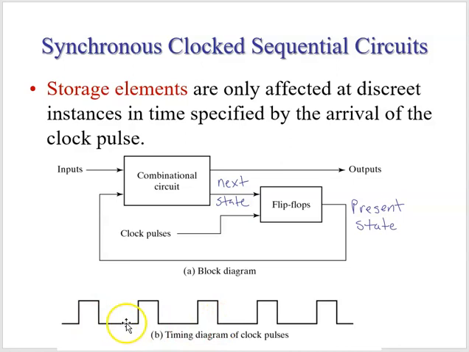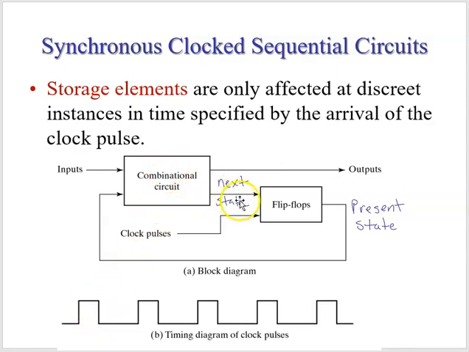This clock signal is periodic. We have a period from this rising edge to this rising edge. It doesn't look like a 50% duty cycle; it looks perhaps like a 30% duty cycle. The duty cycle specifies the percentage of the period in which the signal is high, a voltage high, or a logic 1.